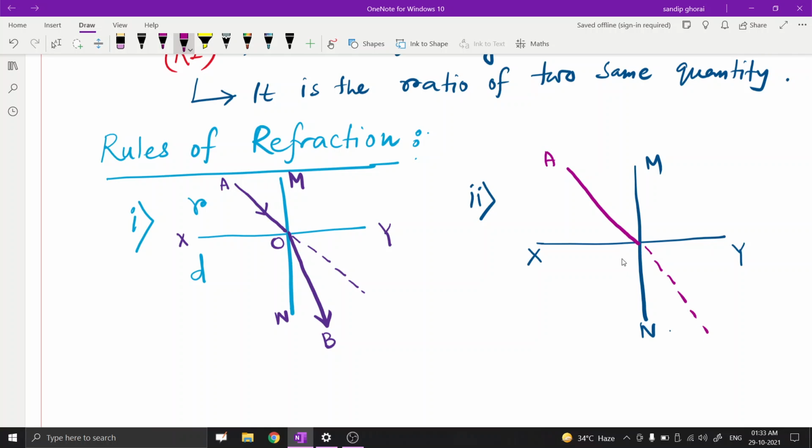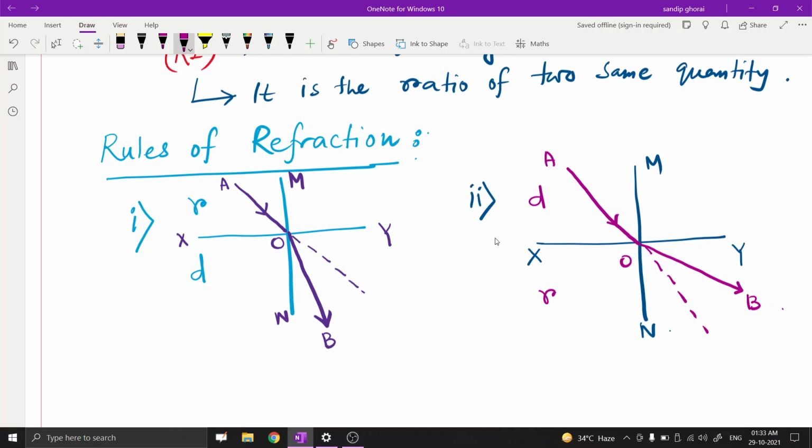AO is the incident ray, but here this medium is denser and this medium is rarer. So in this case the incident ray bends away from the normal and we get a ray like that. OB is the refracted ray.